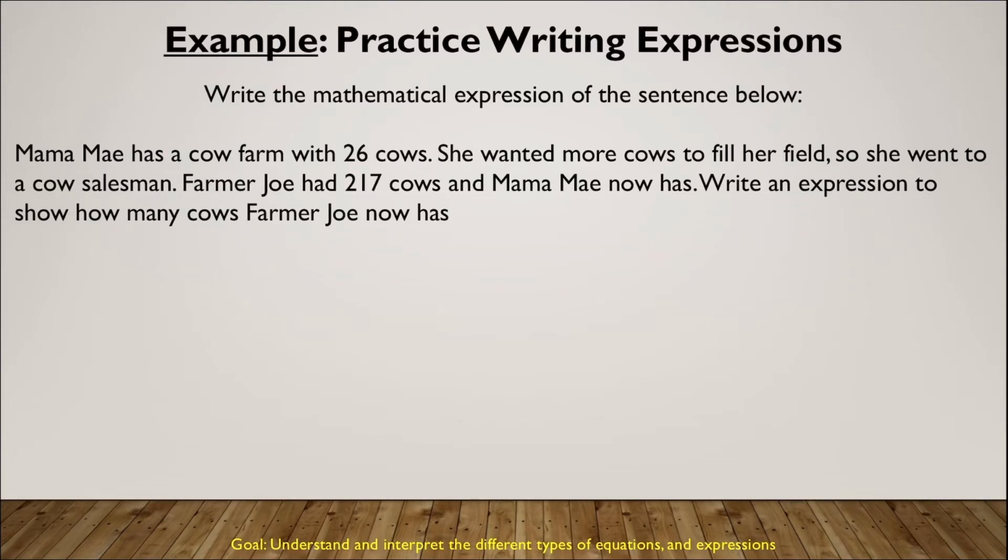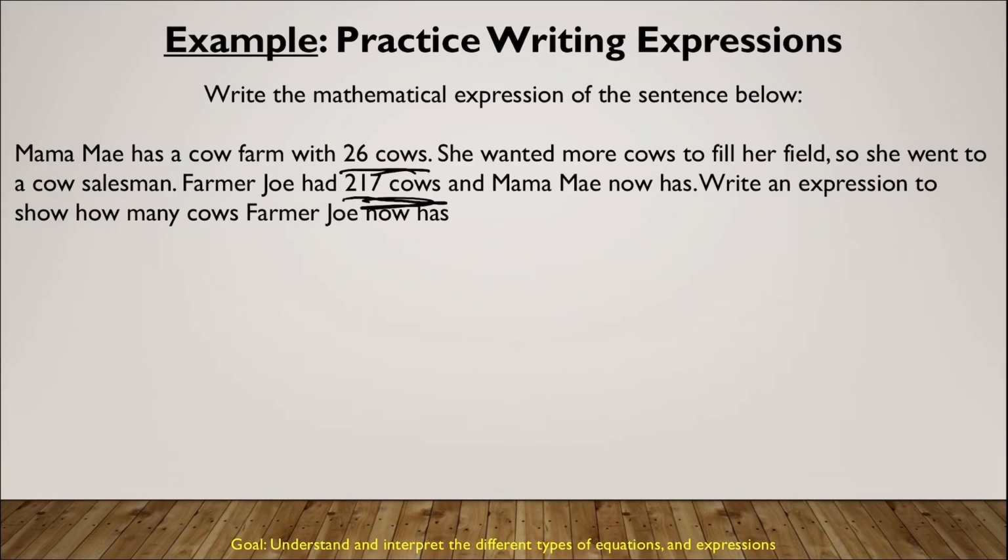Alright, Mama May has a cow farm with 26 cows. She wanted more cows to fill her field. She went to the cow salesman, Farmer Joe, who had 217 cows. That's a weirdly written sentence, I'm sorry.